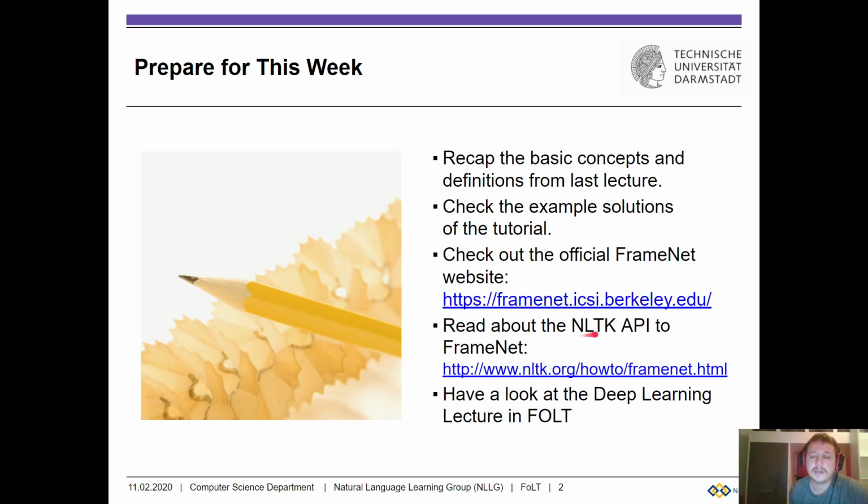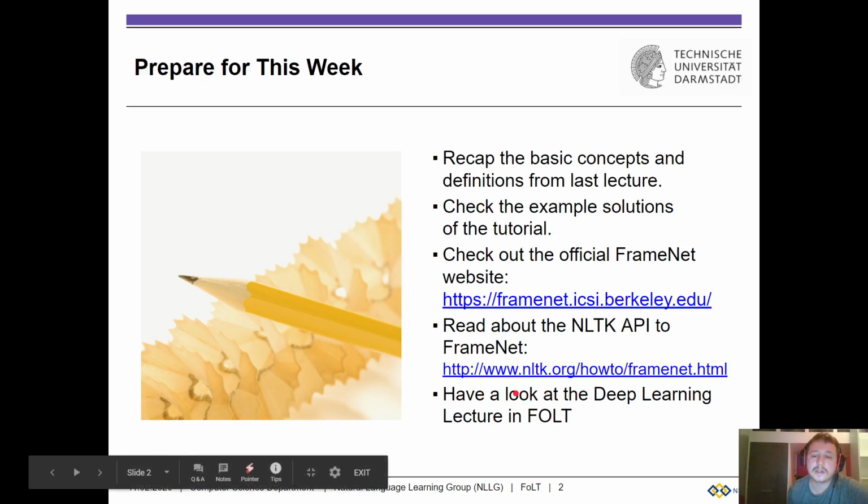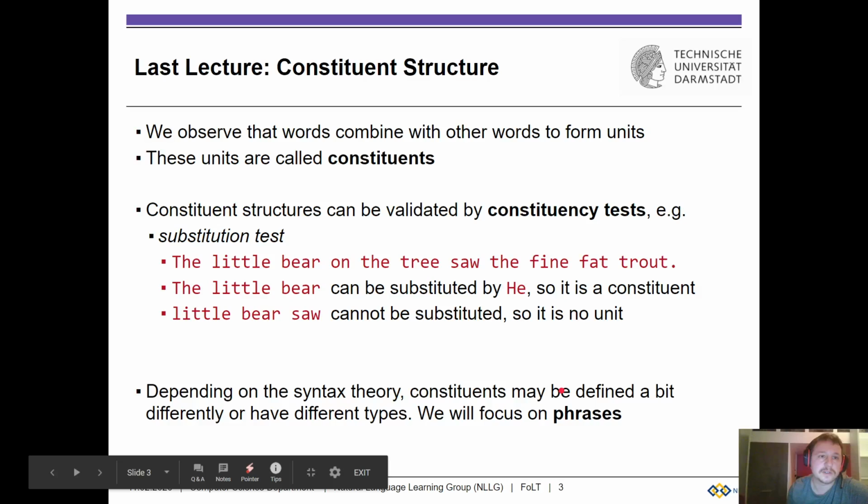There's also an NLTK API to FrameNet, which you can check out here. The second part of this brief lecture will be about how to use deep learning for semantics. For an additional reference, check the corresponding deep learning lecture in the FOLD course.